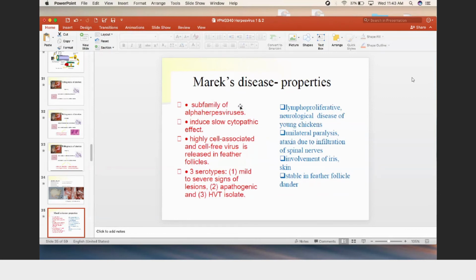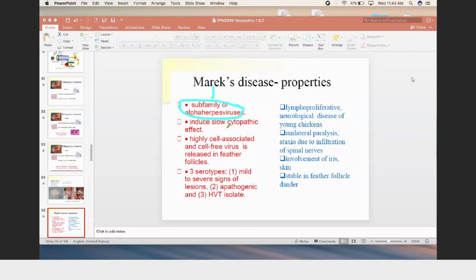It is actually a subfamily of alpha herpes virus, and normally gamma is related with the formation of tumors. But Marek's disease virus is special. It is an alpha herpes virus, and it causes a problem in chickens. So be careful. This one could come out in the final exam.